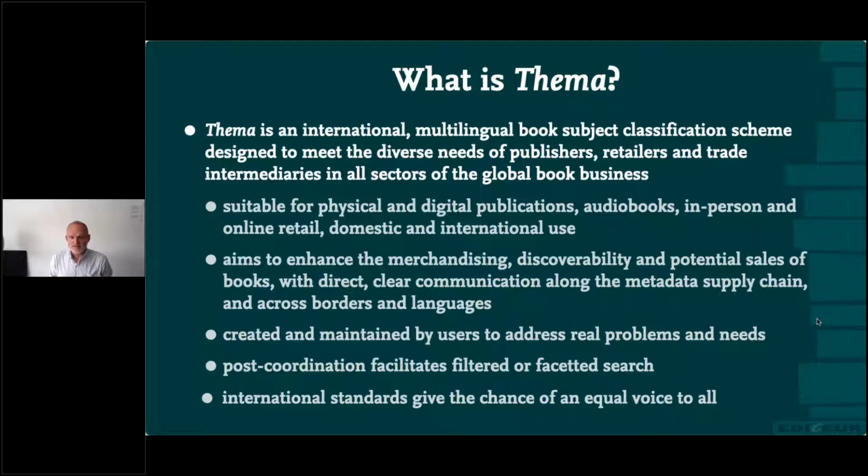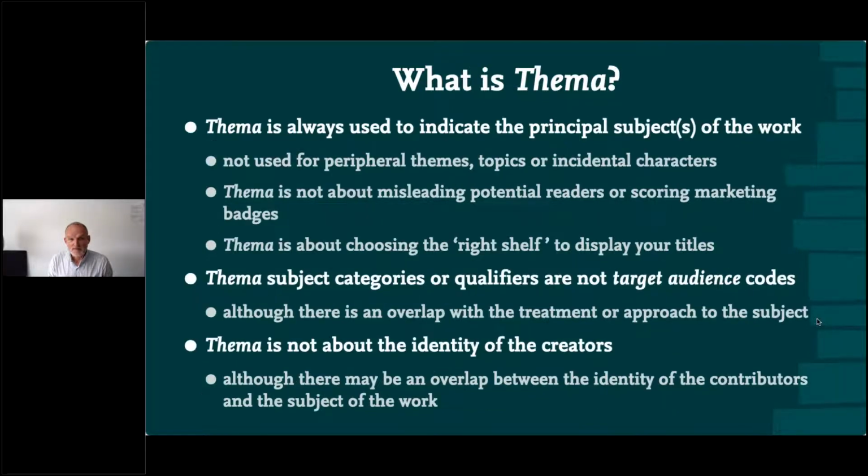Other aspects of Thema that are very important, I'd say, when we're looking at this particular side, choosing the right codes, choosing which is the right code to make the principal code, the main subject, is very important. It's really important to be as accurate as possible when you're classifying books aimed at children or at teens.